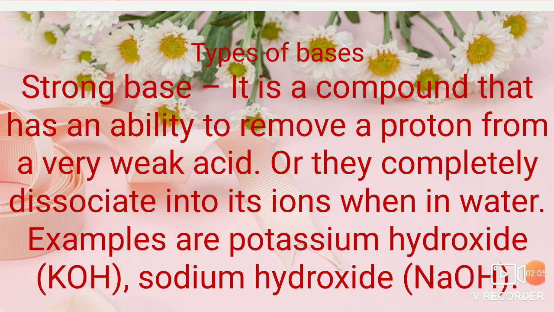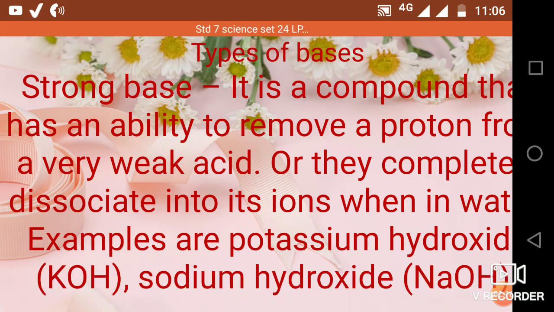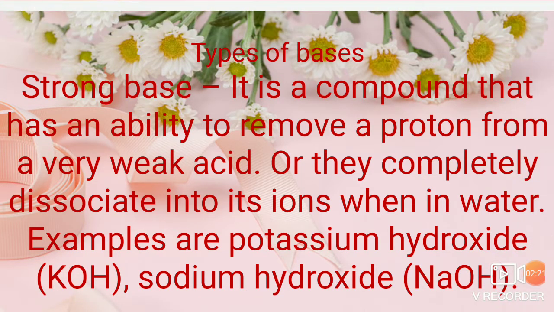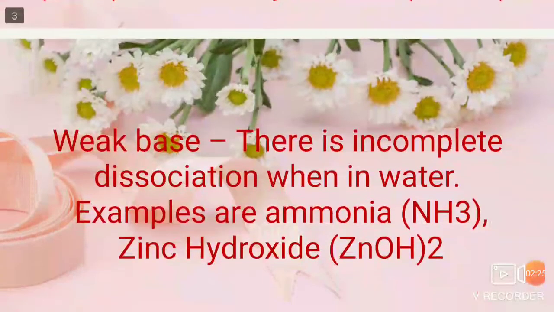Examples: KOH, potassium hydroxide, sodium hydroxide, etc. These bases completely dissociate when dissolved in water, so it forms an alkali also. The bases which get dissolved in water are also termed alkali.